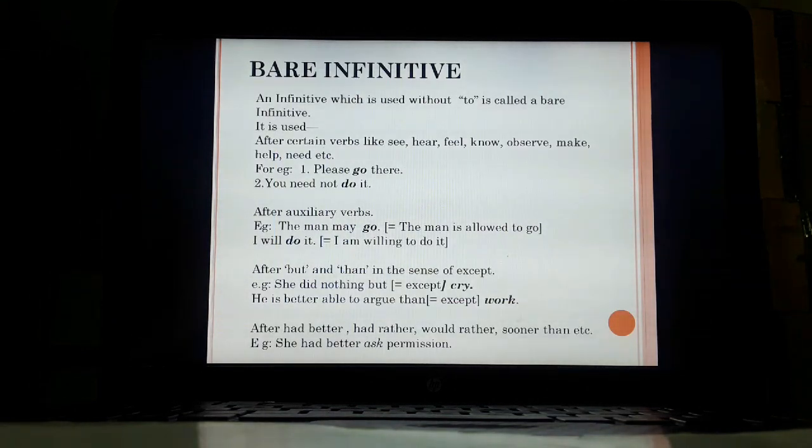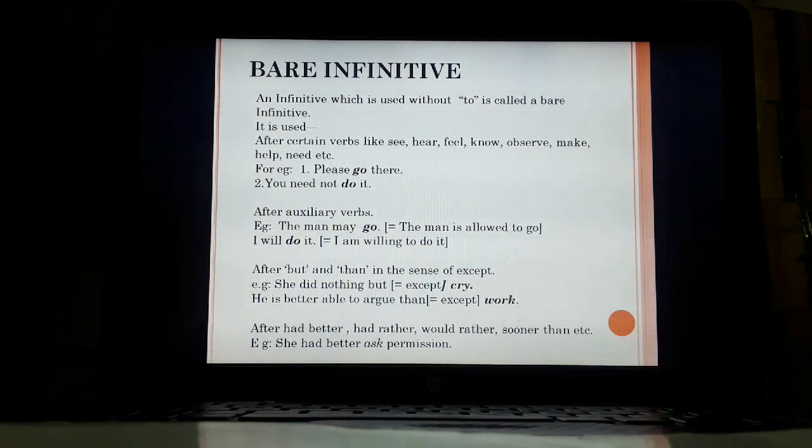Next, bare infinitive. Now this is another form of infinitive. An infinitive which is used without to is called a bare infinitive. In many cases we will see that every time we don't use the term to. A number of times we just skip to. Such kinds of infinitives are known as bare infinitives. Now its uses.